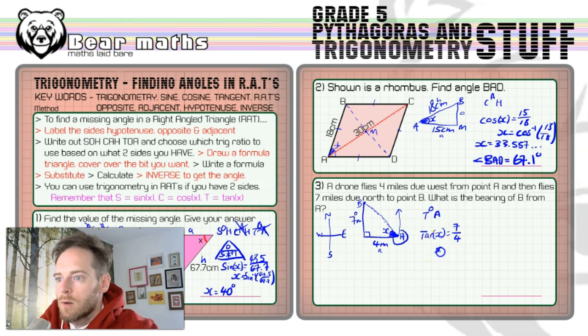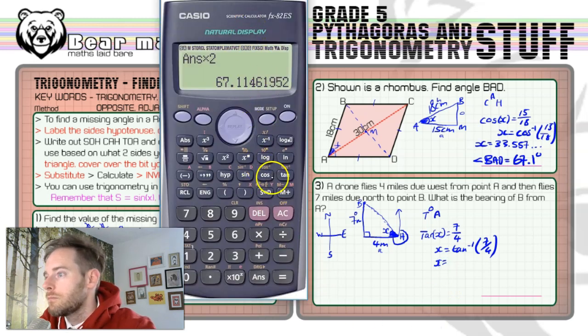And then we have to undo the tan bit by inversing it, so X equals tan to the -1 of 7/4. Let's bring our calculator in: shift tan 7/4.